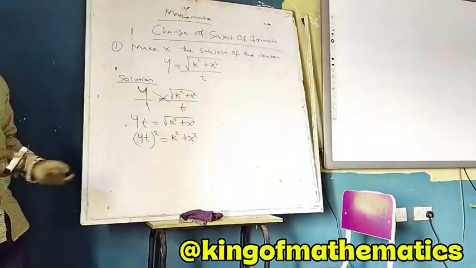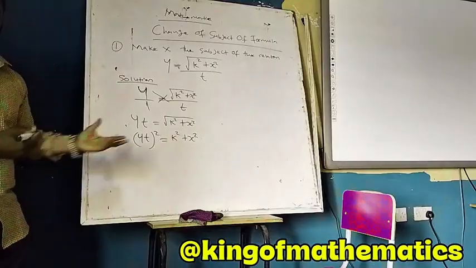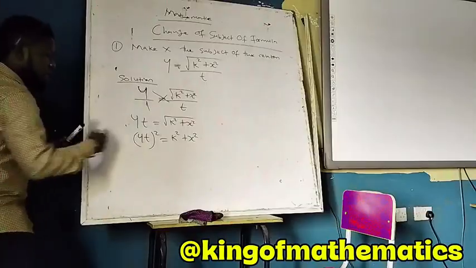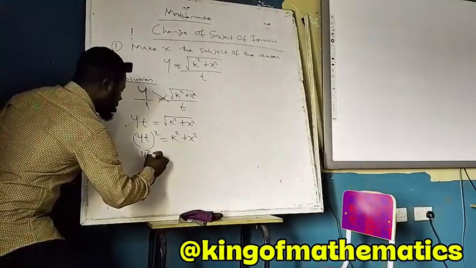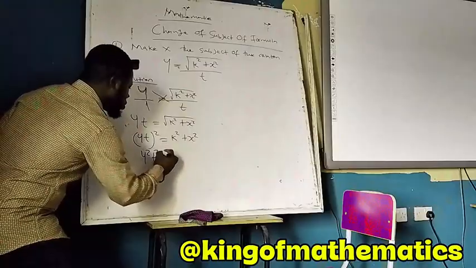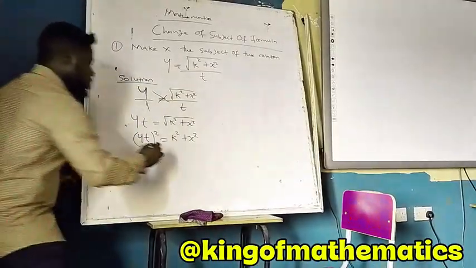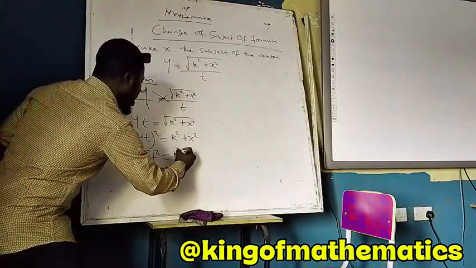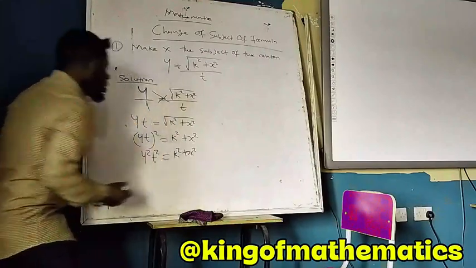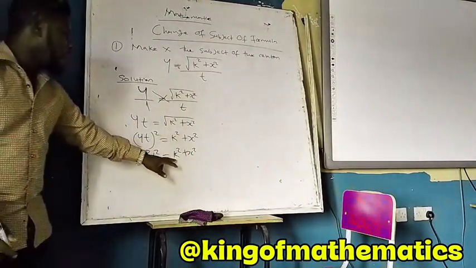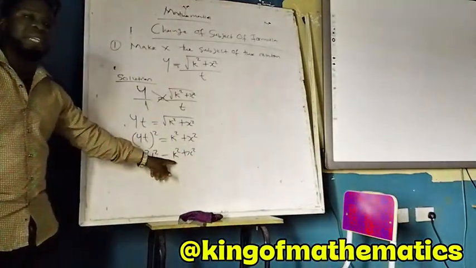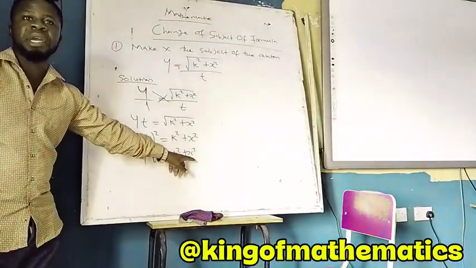Then I can decide to separate, because if I say yt all squared, you can leave it like this or separate it, which should be y squared t squared, and that equals k squared plus x squared. For that, we have to make sure that x is standing alone. So I will transfer k squared, which is disturbing x where it is.